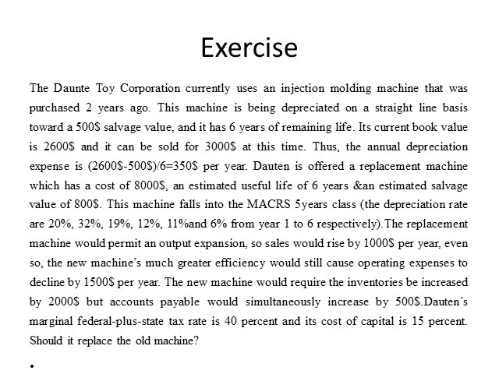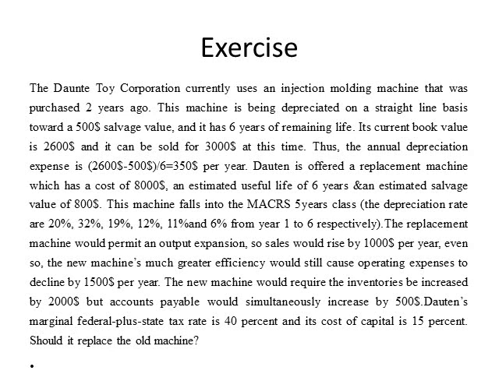Even so, the new machine's much greater efficiency would still cause operating expense to decline by $1,500 per year, which means acquiring the new machine or the replacement by the new machine will lead to an increase in sales by 1,000 and decrease in operating expenses by 1,500, because this will affect the net working capital.